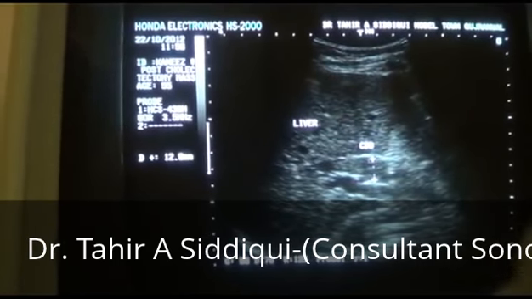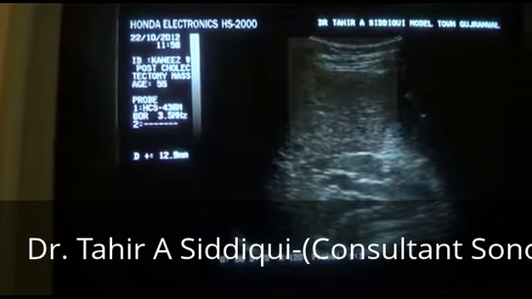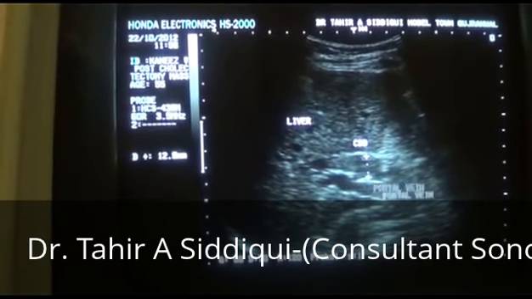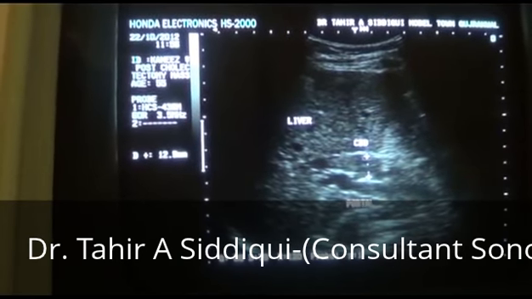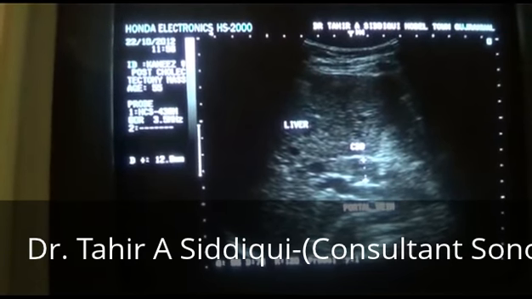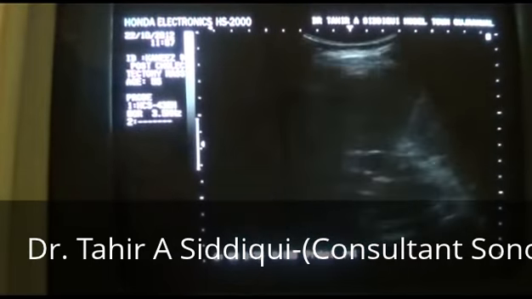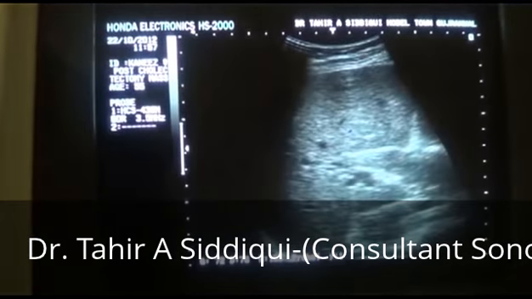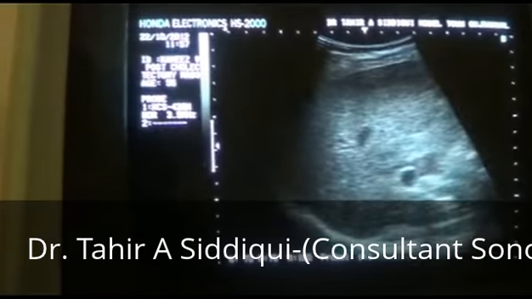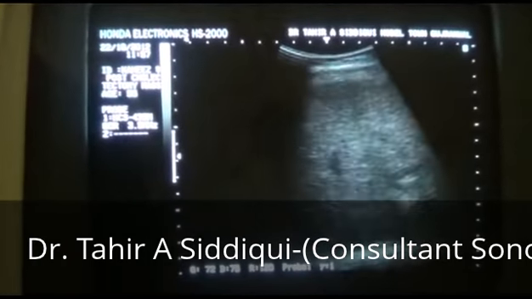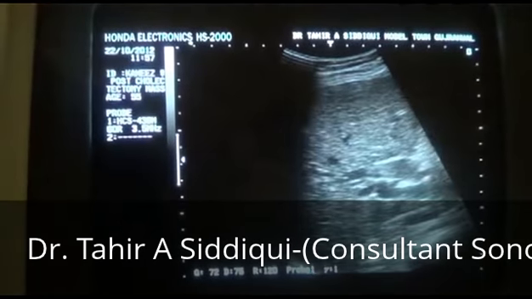The portal vein is of normal caliber, early stage cirrhotic liver. This is the portal vein and it's patent. So there is very early stage mild intrahepatic bile duct ectasia.